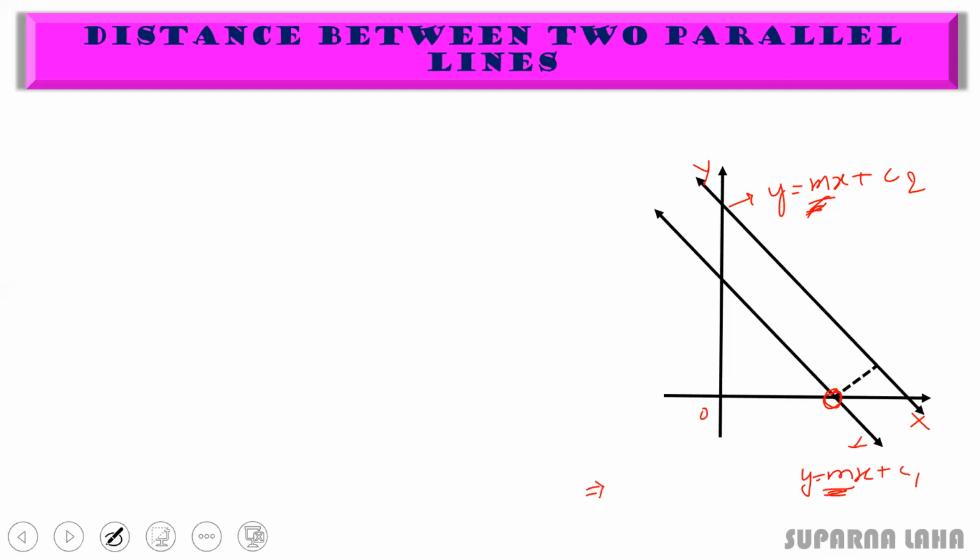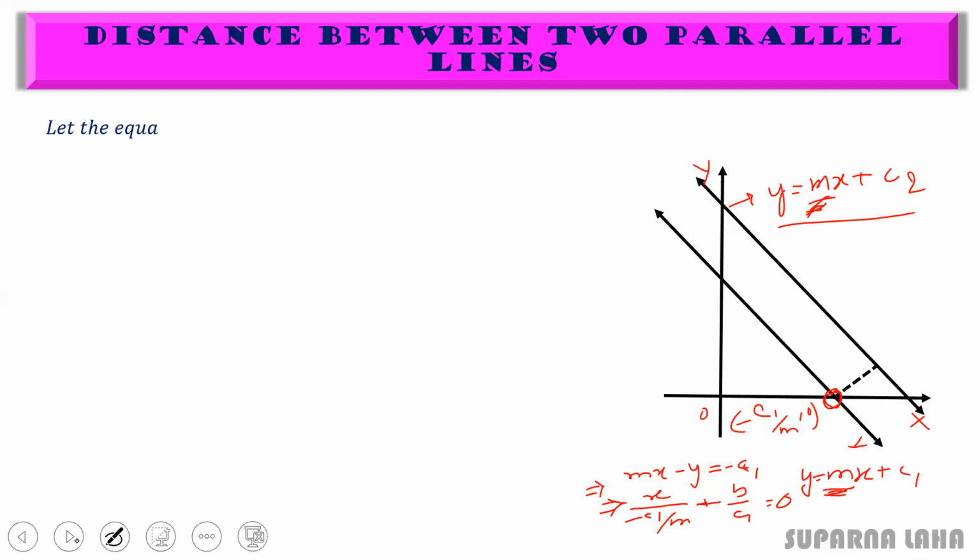You can write mx minus y is equal to minus c1, and from here you can write x by (minus c1 by m) plus y by c1 is equal to 0. So (minus c1 by m, 0) is the point, and the equation is y is equal to mx plus c2. So the point is given and the line is given.